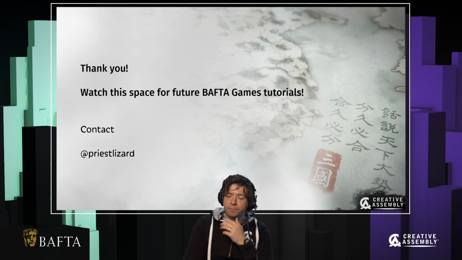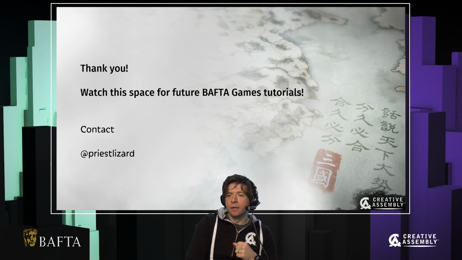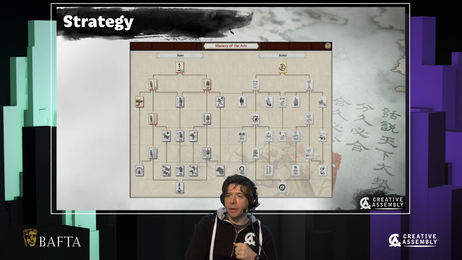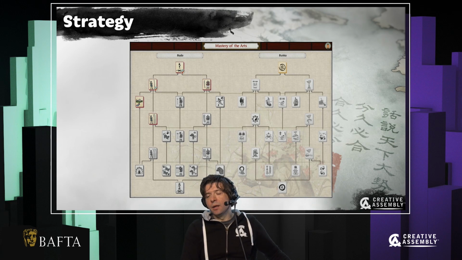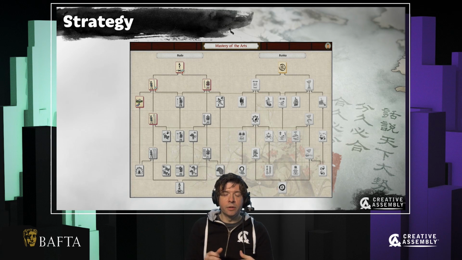There's also another example for the first whole section about strategy versus tactics that I brought with me, the tech tree again, and I think it's worth comparing Total War games somewhat.